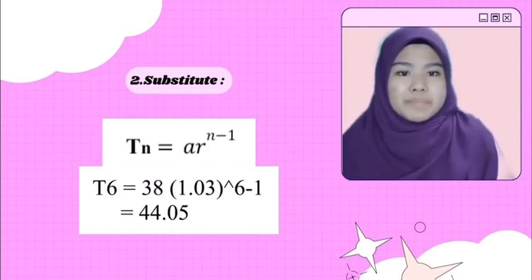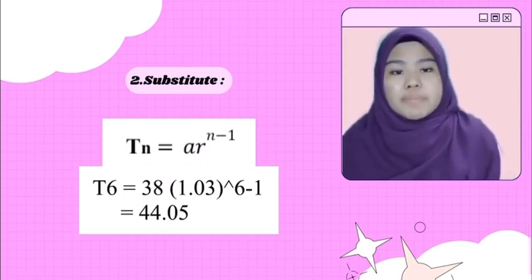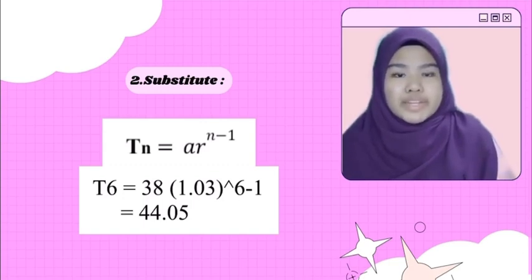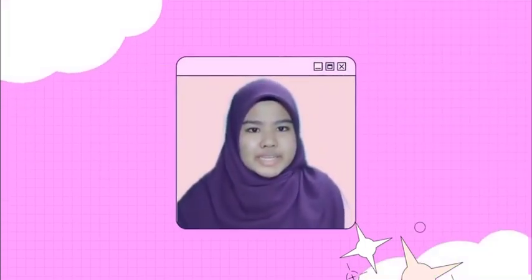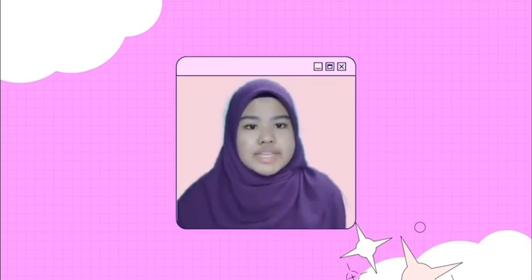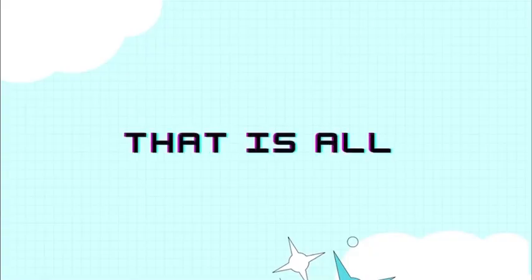So T6 equals 38 times 1.03 to the power of 6 minus 1. We will get 44.05 as the answer. In conclusion, the price of a tin of milk powder after 5 years is 44 ringgit 5 cents.